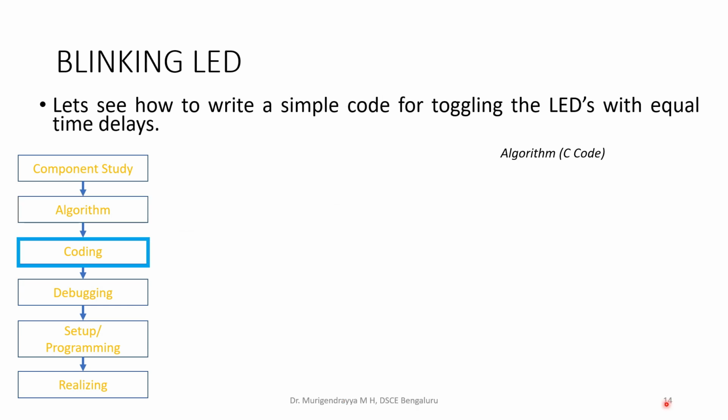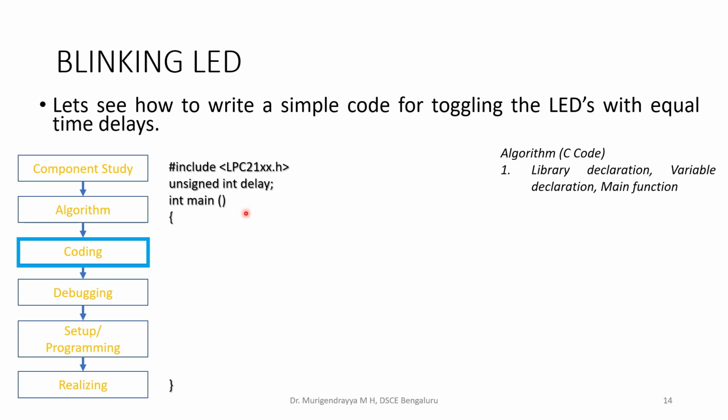Let's see how to write the code by referring to the algorithm. The basic step while writing the C program is that it should start with the header file lpc21xx.h. Then we declare the variables required for the program, and then specify the main function.